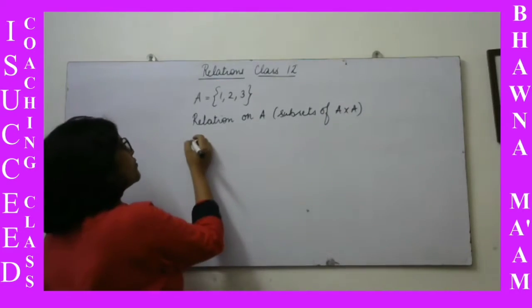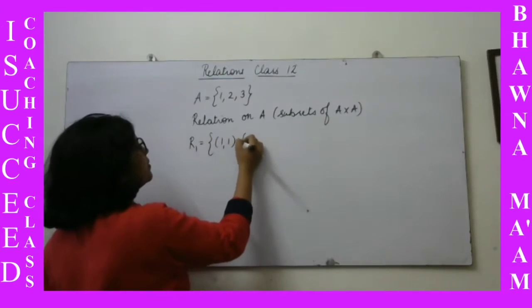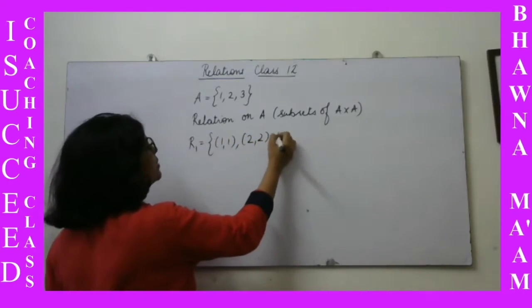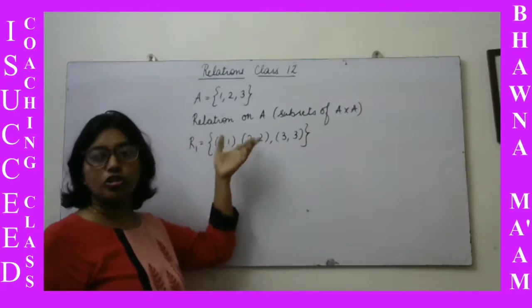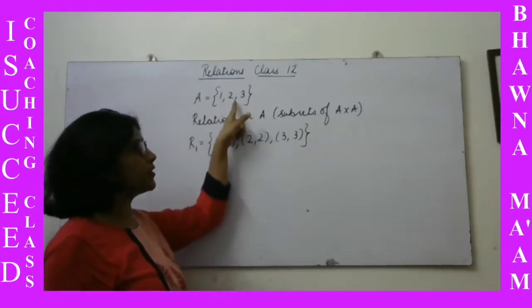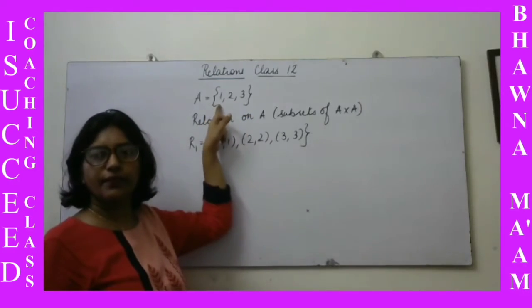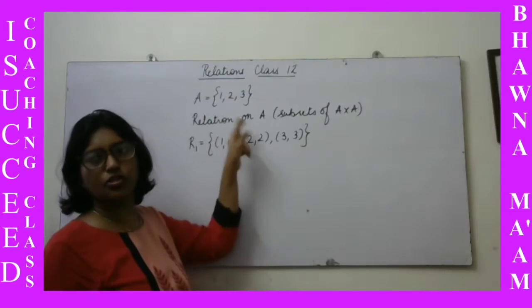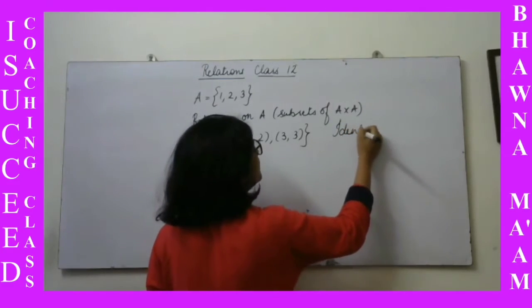So in this, if I take up the relation R1 as (1, 1), (2, 2) and (3, 3). Remember, besides this, we'll get a lot of other relations like (1, 2), (1, 3). These elements will also come, but we are taking which ones? Only the same element, like (1, 1), (2, 2), (3, 3). Then this is known as identity relation.